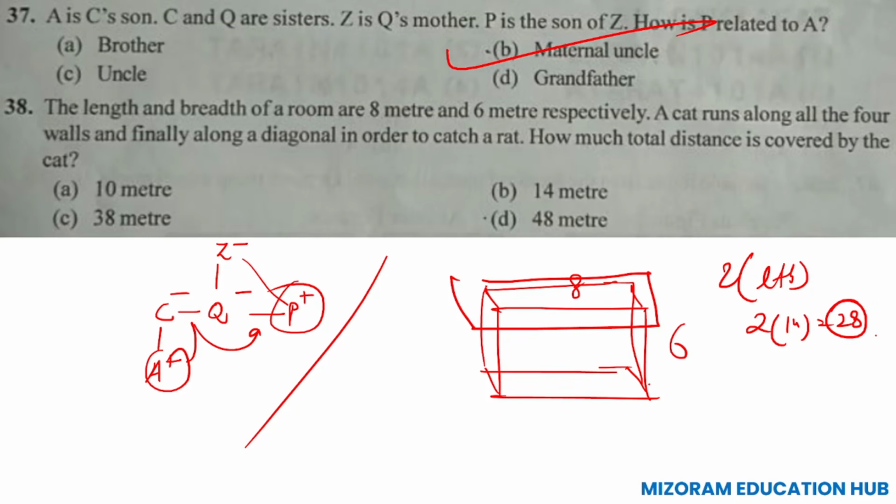And after that, finally along a diagonal in order to catch a rat. The diagonal, with 8 and 6, the triplet is 10 meters. How much total distance is covered by the cat? So 28 and 10 is 38. Option C is correct answer.